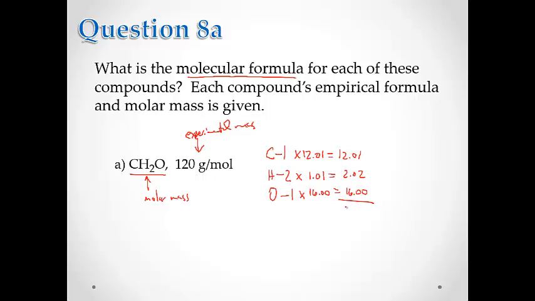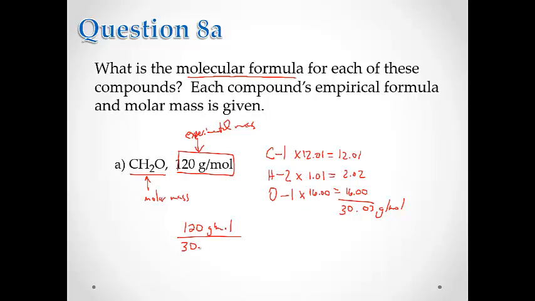Grand total, if I add all that up, is going to be 30.03 grams per mole. Okay, so now what we do is we take that experimental molar mass, put that on top of a fraction here, and we will divide it by the molar mass of the empirical formula here.